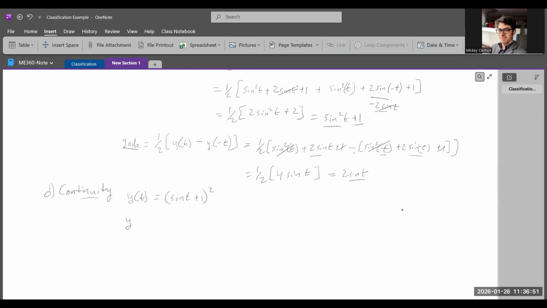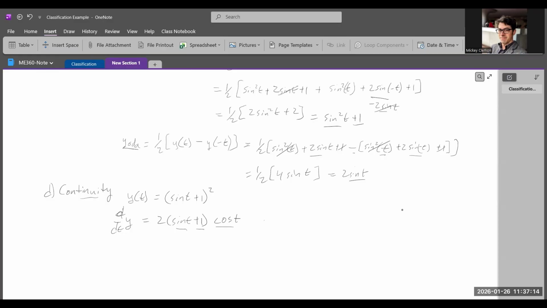So let's take the derivative of that. And that is 2 times (sine t plus 1) times cosine t. All right, there's nothing on the bottom, so we don't have any holes. Cosine t, sine t, and 1 are all continuous functions.